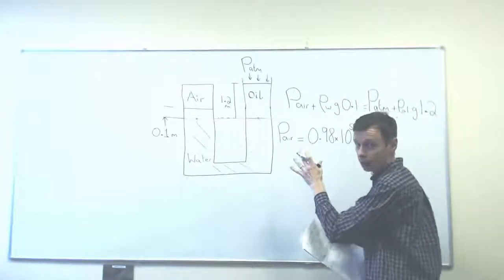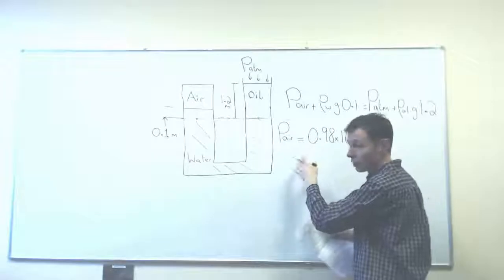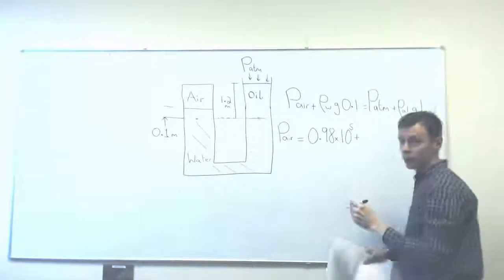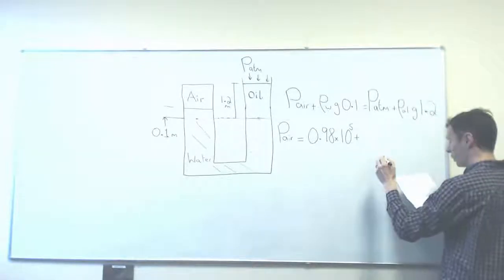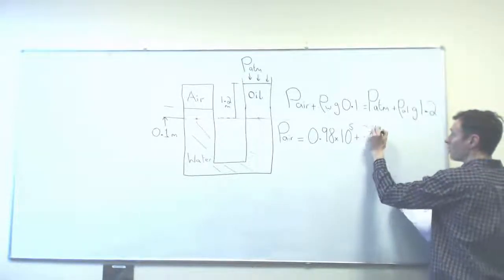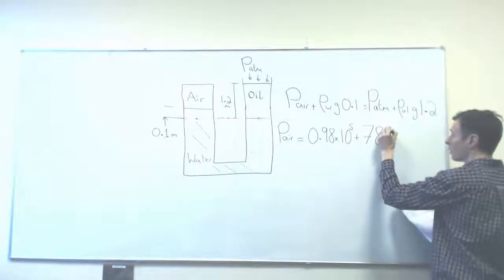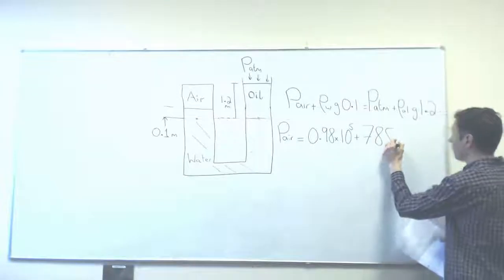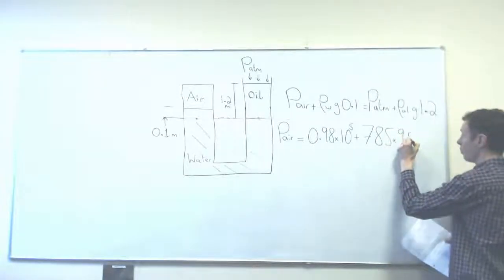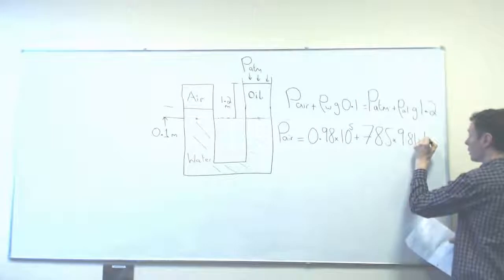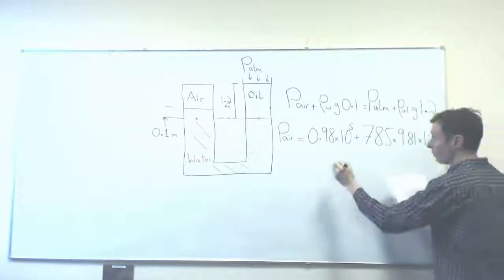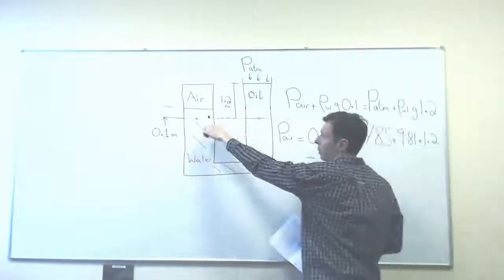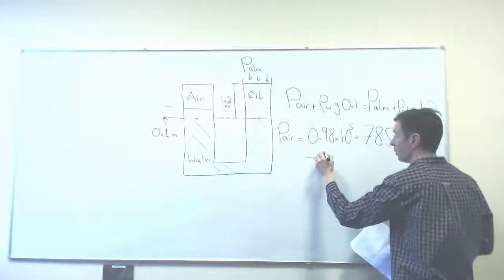And if we put that into Pascal, we converted it from bar, plus the component of the oil, so 785 kilograms per meter cubed, which is the density we've been given, times G, 9.81, times its depth, 1.2, and then minus this little bit of the water.